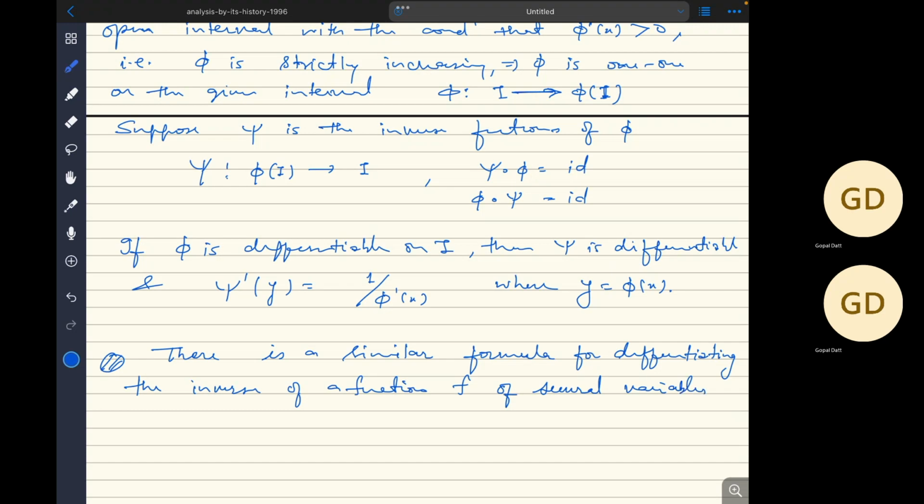Let me write that. So here I am saying the inverse of a function f of several variables, if the inverse exists.